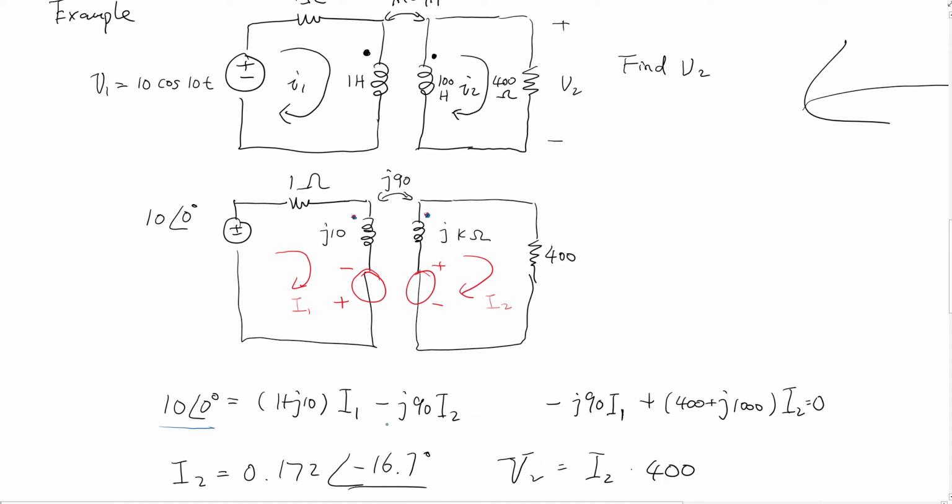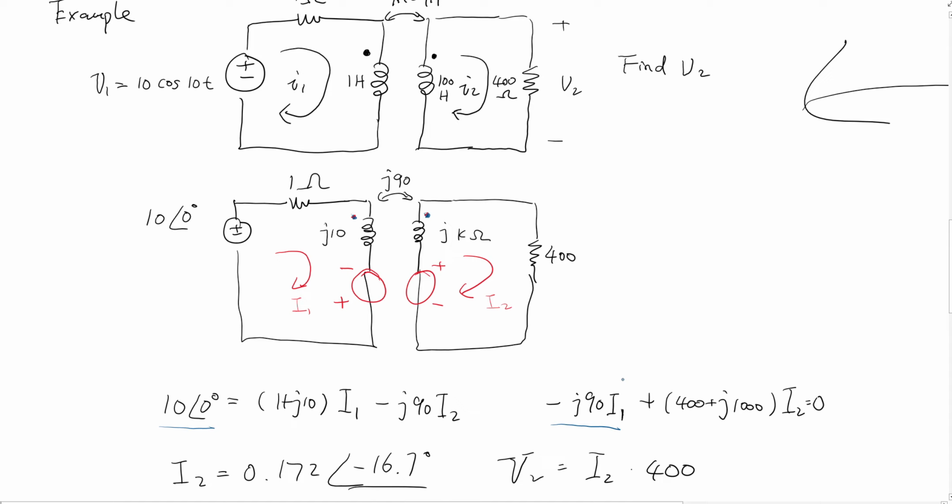So it's negative, or you can put this one on the other side with 10 at 0 degrees. I can write it like this. For this one, you can see this is a voltage rise caused by I1, so I put a negative sign here. These are drops, so they are positive. These two, 1000j plus 400, multiplied by I2.